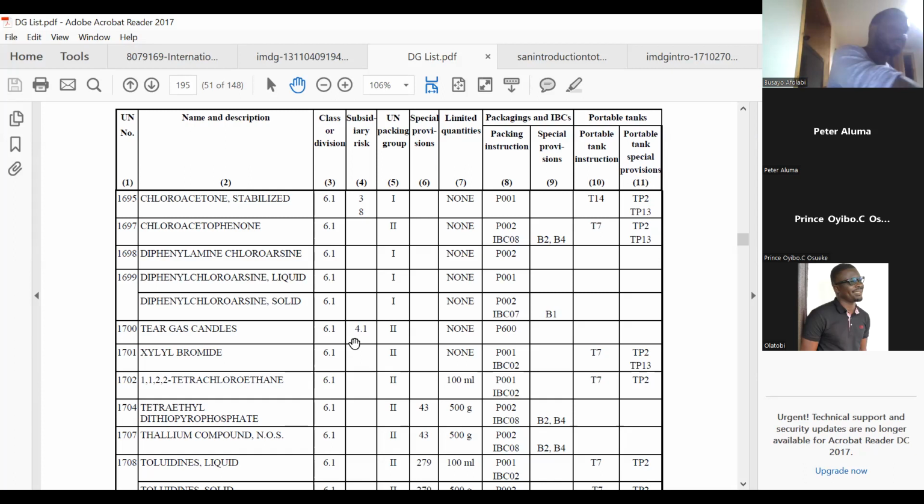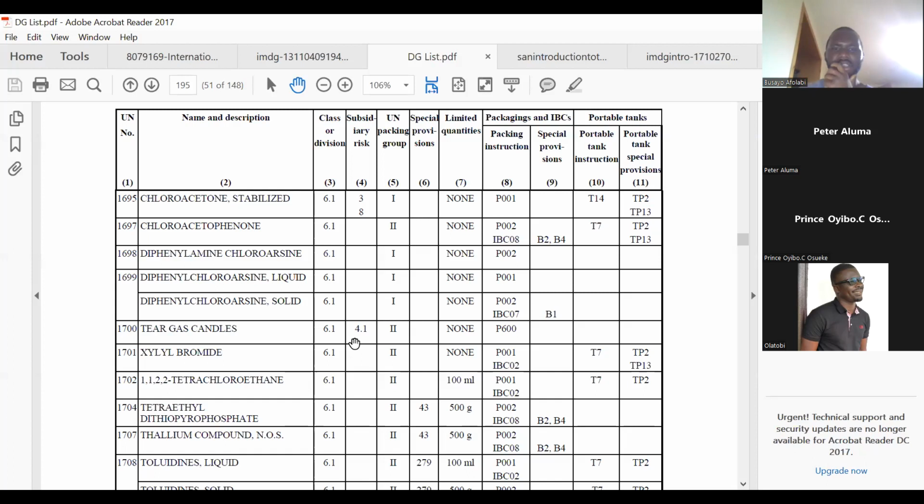Can anybody else try? I think it has to do with the allowable quantity that the vessel is allowed to carry, depending on the size of the vessel, and it shouldn't exceed such an amount.